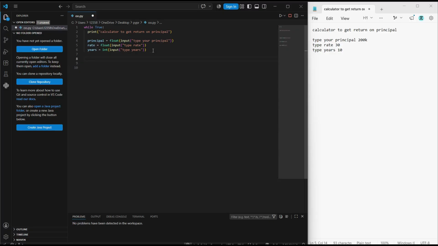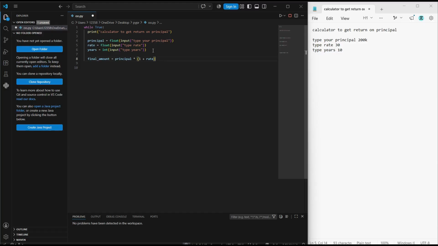And after that we need some calculation. Final_amount. Final amount is principal multiplied by (1 plus rate divided by 100), bracket close, and power by years.